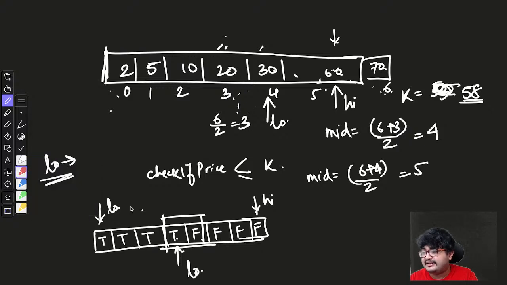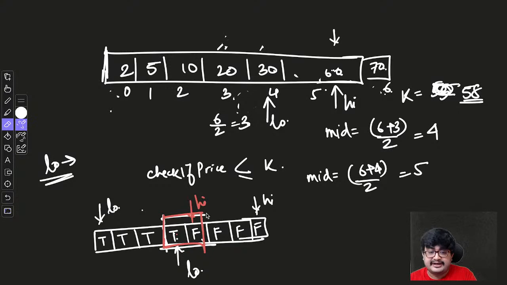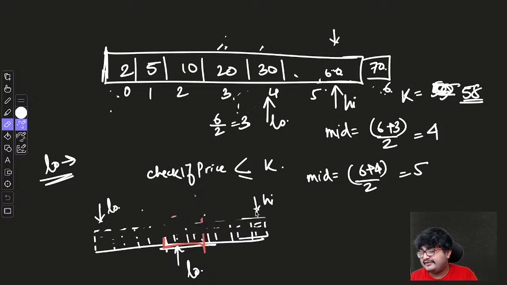This will always end with low pointing to the last true and high pointing to the first false. And we can return low or high depending on whether we want true or false. So that's the idea we are following here as well.